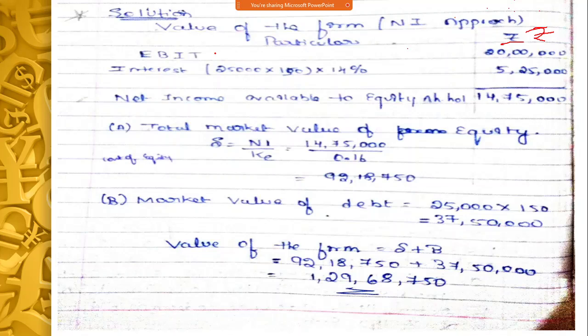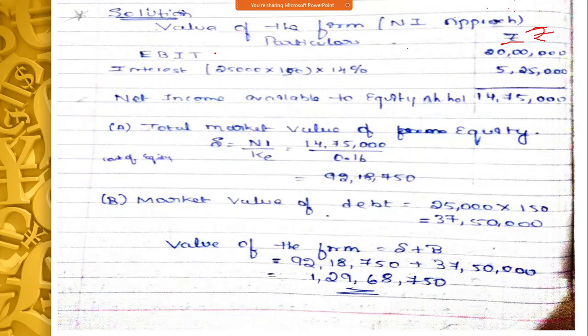So it goes without saying that there is still something to be deducted before we decide what income would be available for the equity shareholders, or what has to be divided in the form of dividend for the equity shareholders.